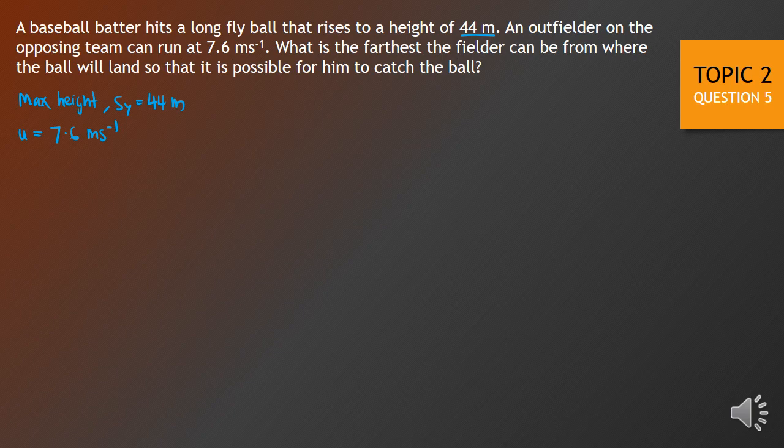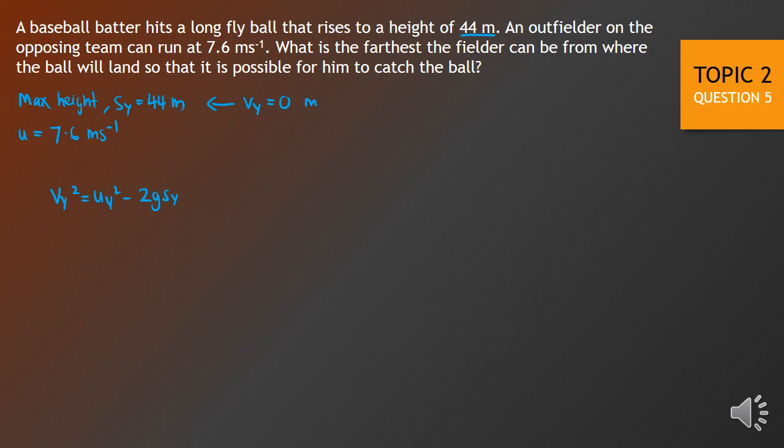So here what we can do is we can use vuas. So vy squared equal to uy squared minus 2 g sy. We can use this formula to find the initial velocity of the ball, using the characteristic that at maximum height, our vy is 0.